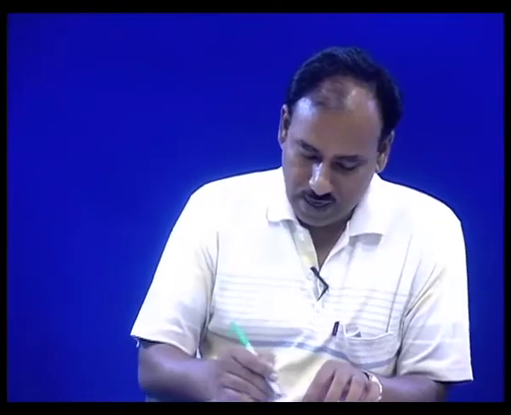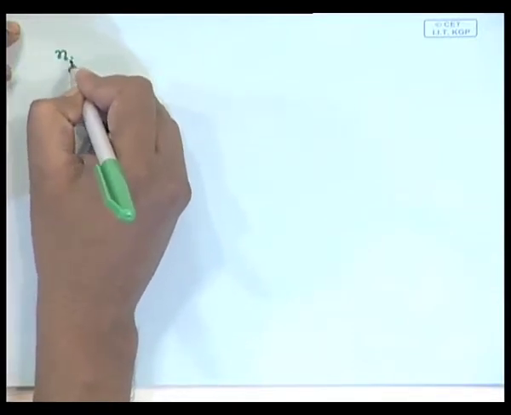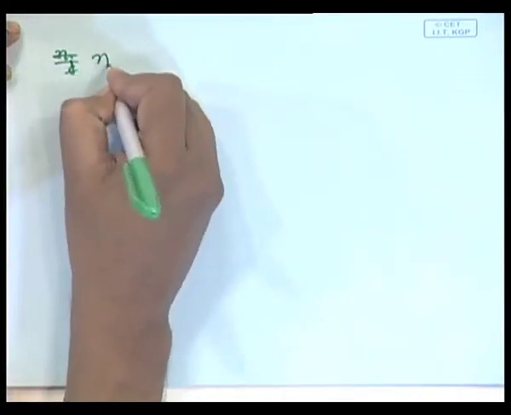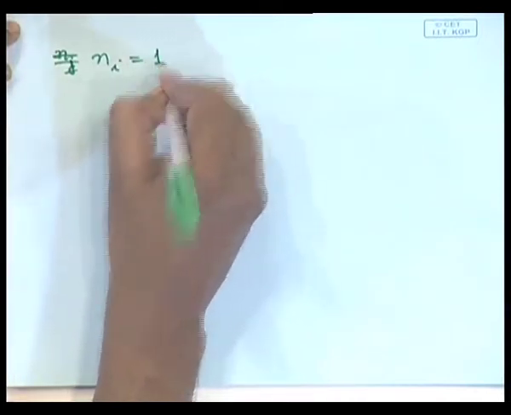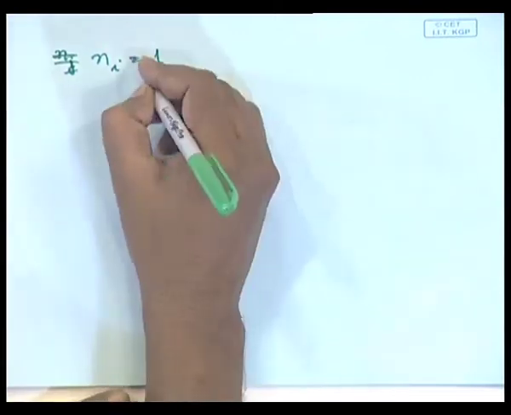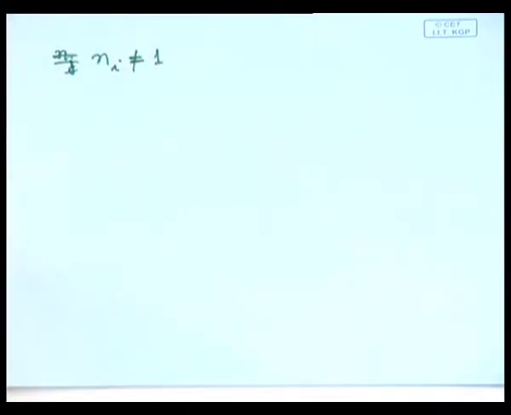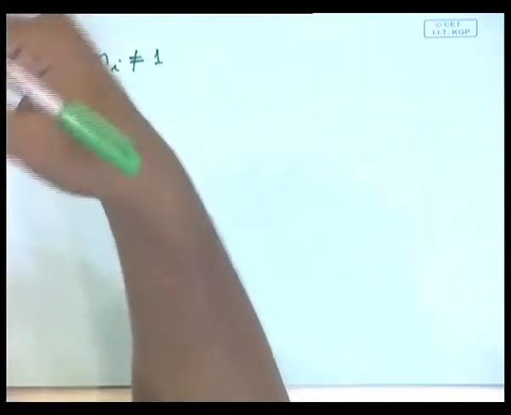Okay. So, if I consider the ith cluster, assuming that n I is not equal to 1. Why am I considering this n I is not equal to 1? Because if n I is equal to 1, that means the ith cluster or set D I had a single point.